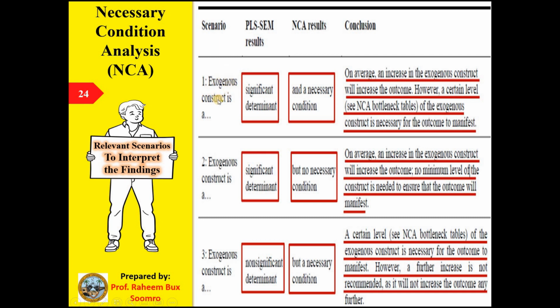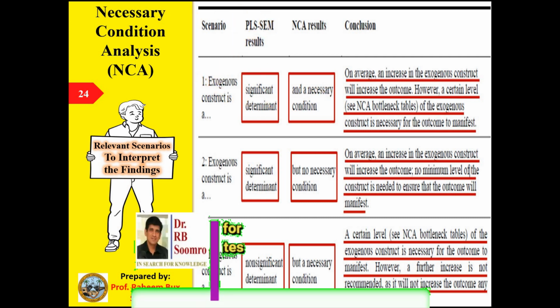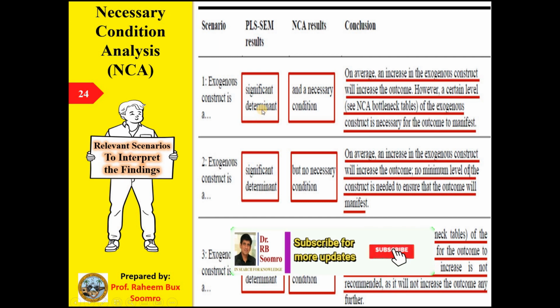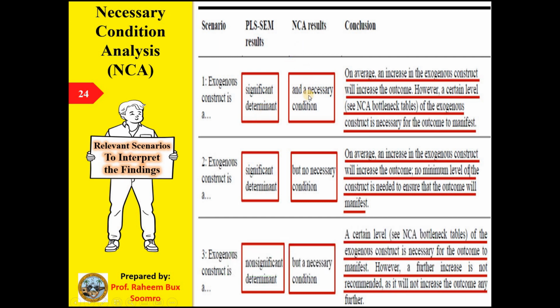In the first scenario, the exogenous construct is there. Exogenous means our independent variable. If it is significant, that means the PLS result shows that this exogenous construct is significant, as well as a necessary condition has been indicated in the NCA result. So now on average, we can say that an increase in the exogenous construct, that means an increase in the independent variable, will increase the outcome.